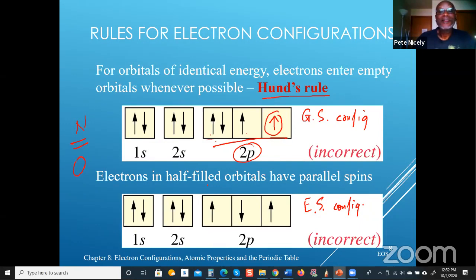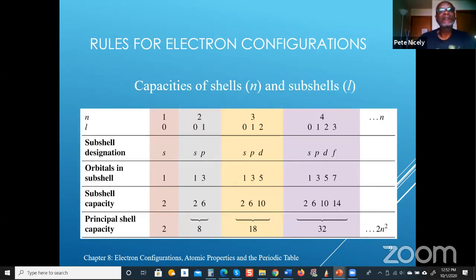Okay, so let me move on now. This is a summary of the type of occupancy of the different orbitals and subshells. Starting from the first shell where n is equal to 1, if you remember from the previous chapter, the only possible value of l would be 0.